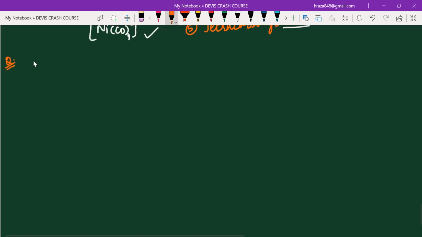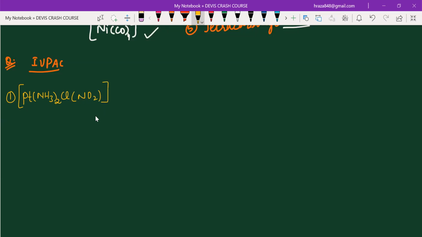Now I'm going to give you compounds to write the IUPAC names. This is your Pt, which is (NH3) whole twice Cl NO2. Then comes the second, K3 Cr (C2O4) whole thrice. Then comes the third, that is Co Cl2 (en) whole twice.